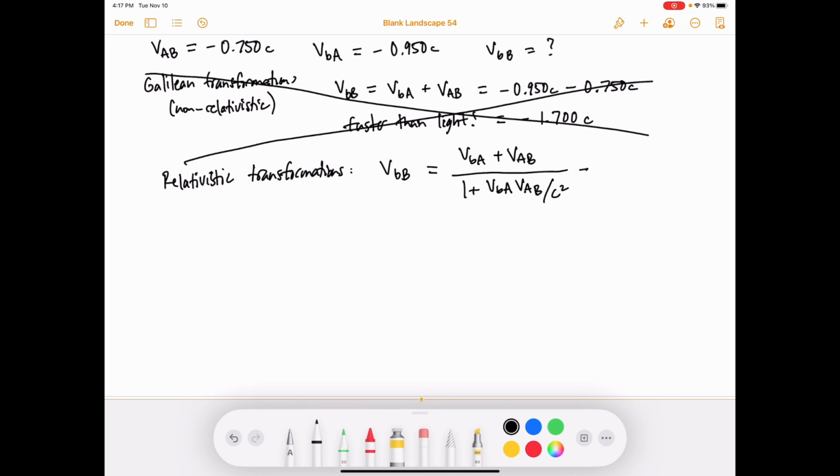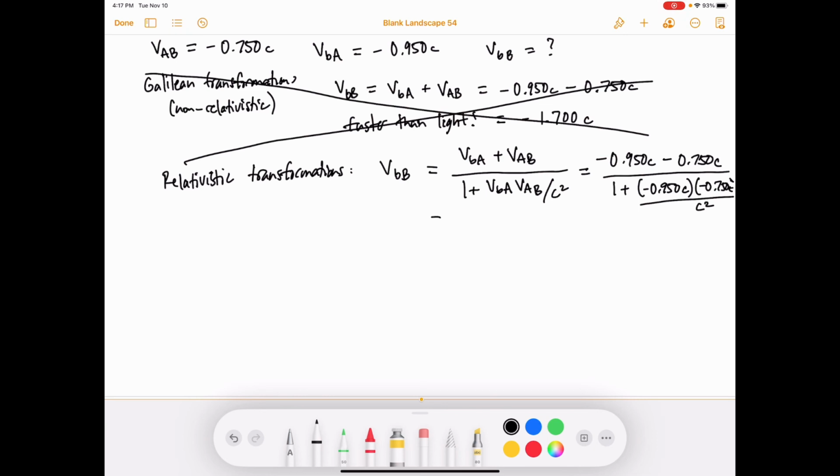So here's what we have. We have negative 0.950 c minus 0.750 c on top. On the bottom, we have 1 plus negative 0.950 c times negative 0.750 c over c squared. So the factors of c cancel on the bottom. We just have a pure number.